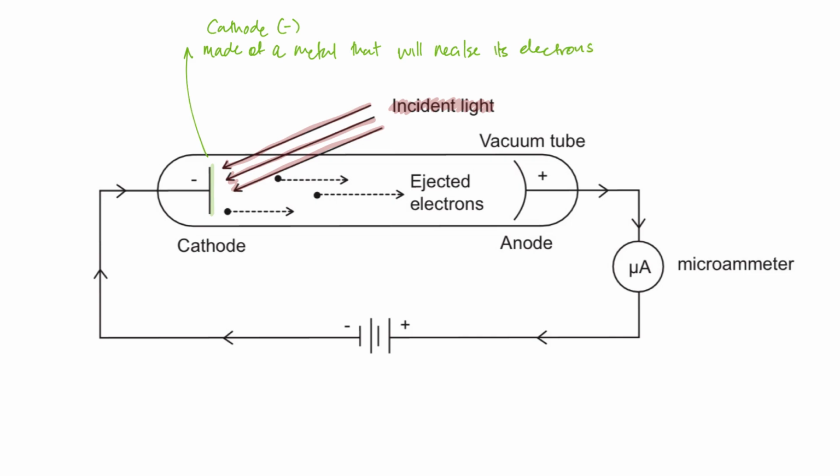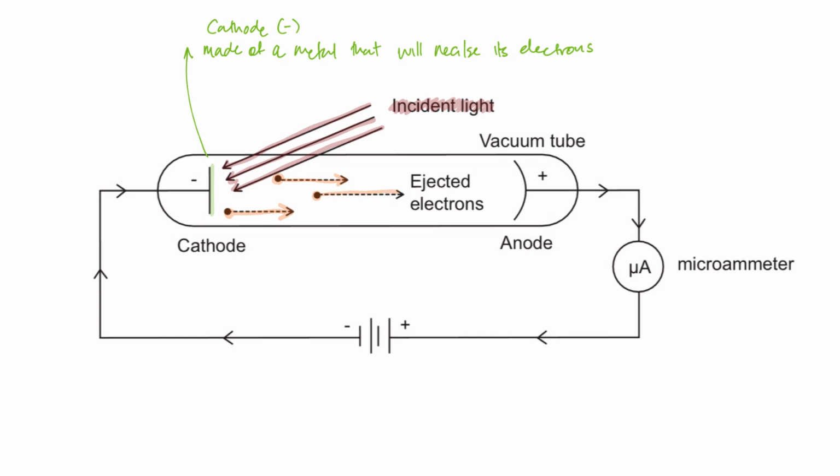So the incident light shines onto the cathode, and when it does, the electrons are emitted. So your electrons leave the cathode.